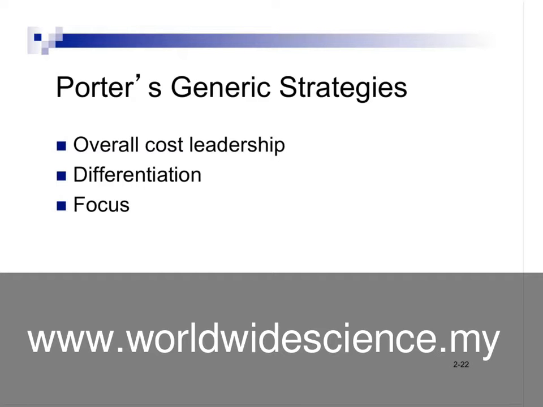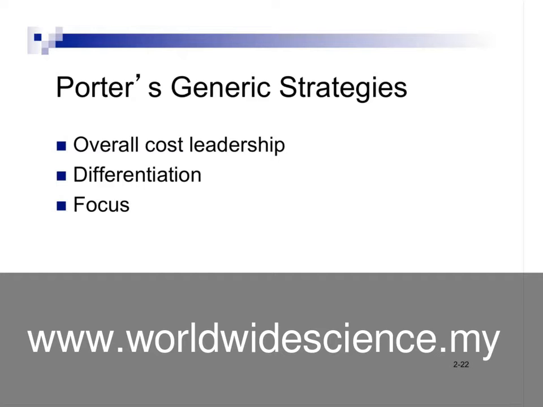When you're overall cost leadership, you wouldn't be focused. You would be dealing with the cost. You're trying to cut your cost to the lowest possible so that the customers would buy your products, because you're providing a cheaper product. But when you're dealing with focus, you don't care about the price. You might be charging much more than other competitors, but the only reason your customers will buy your products is because you're focused on a certain type of thing.